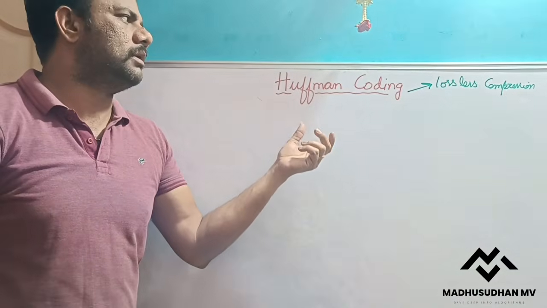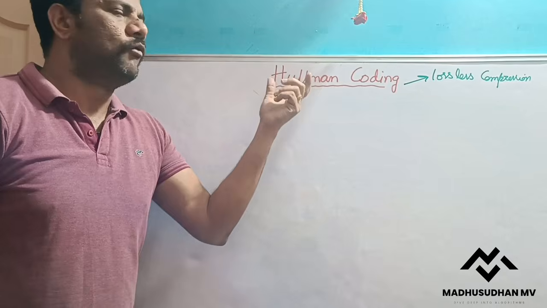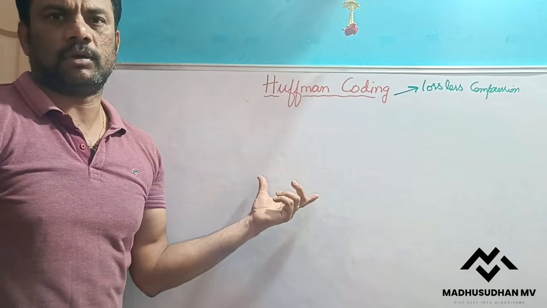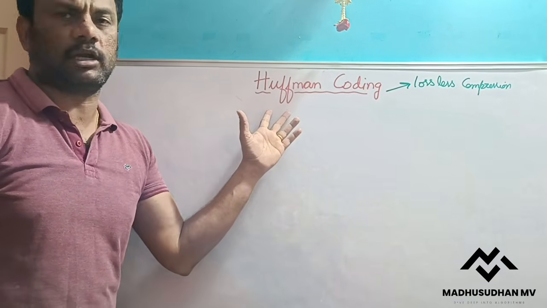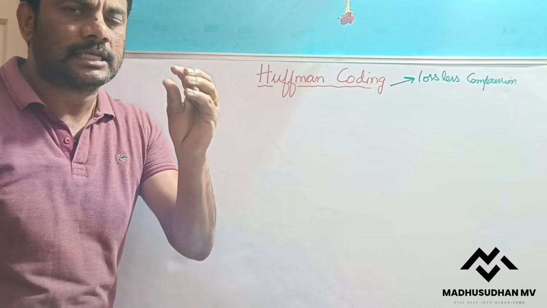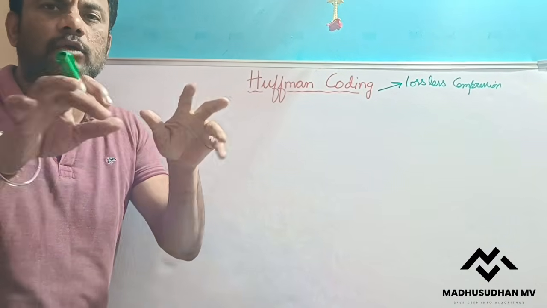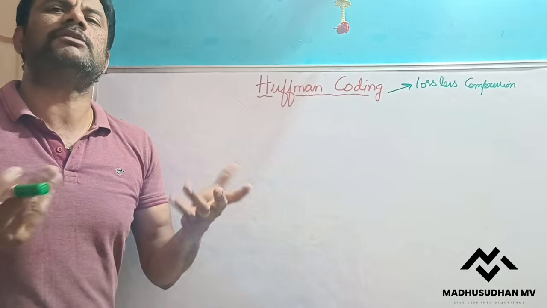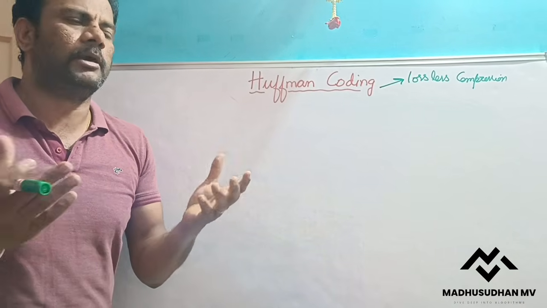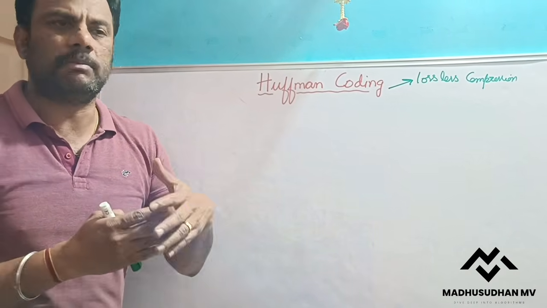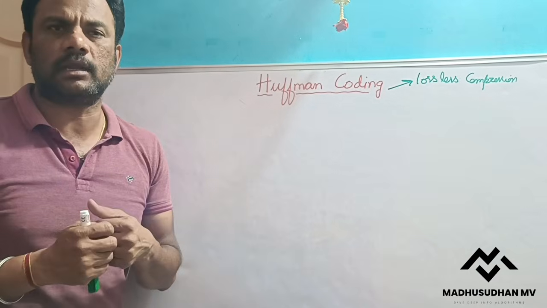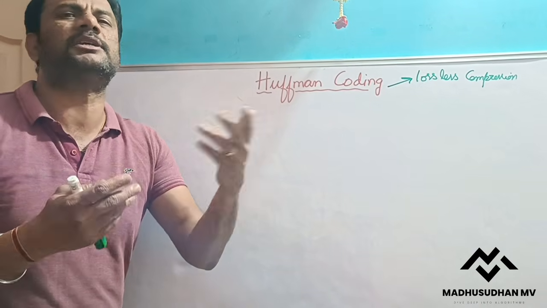Let us discuss with the help of some examples. Here, Huffman coding will assign some code to every character we are using in the data. Generally, the characters may be A to Z, uppercase or lowercase letters, or the digits 0 to 9, or special characters.